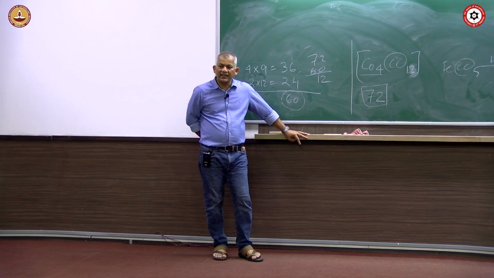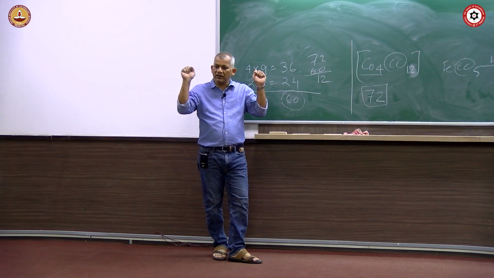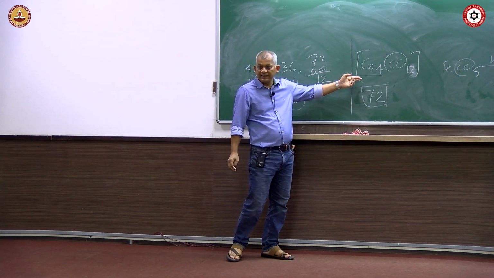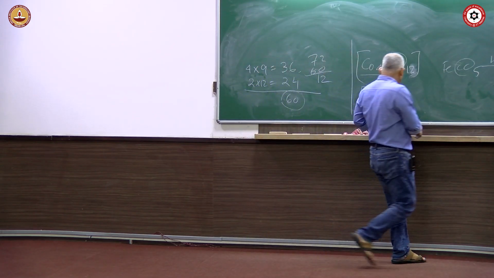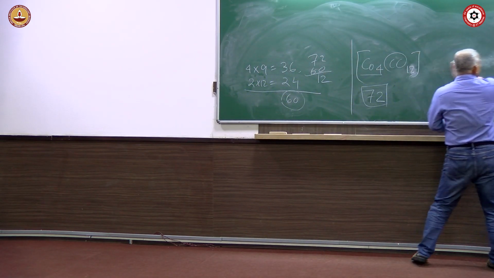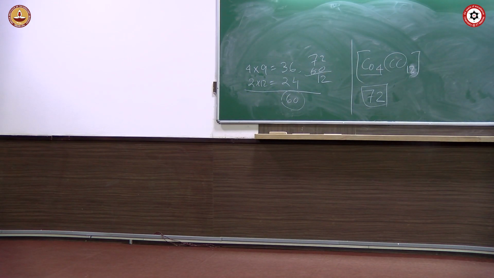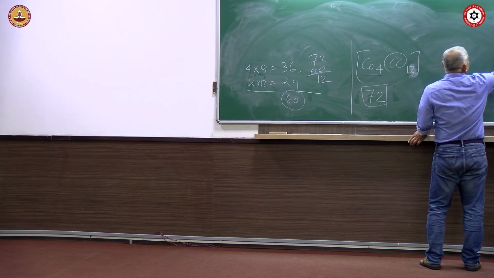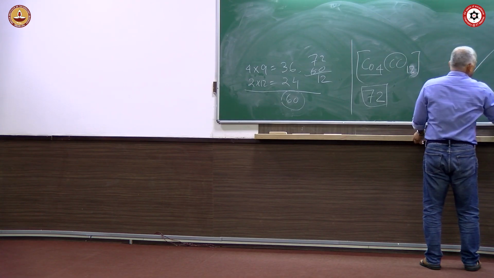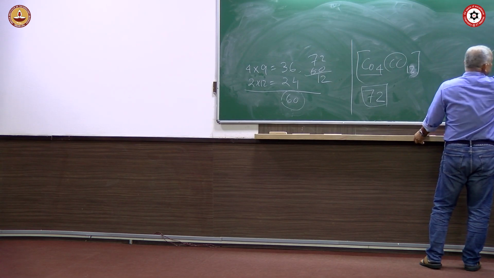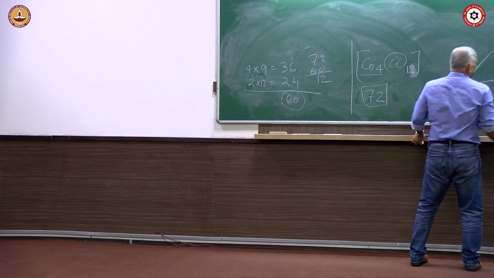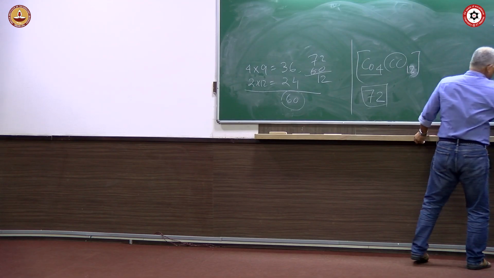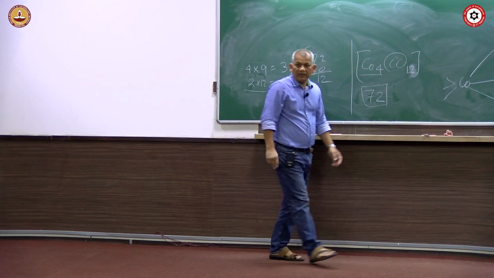This shortage of 12 electrons, you can make up by 6 metal-metal bonds. That means this molecule has 6 metal-metal bonds.